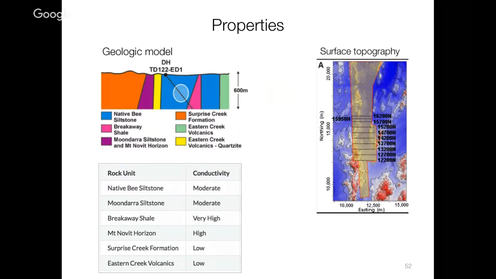Those siltstones were moderate conductivity. The Nova horizon should be distinguishable from these other guys. A unit that's potentially problematic is this breakaway shale, high conductivity. It was pretty minimal, but we took it into account.